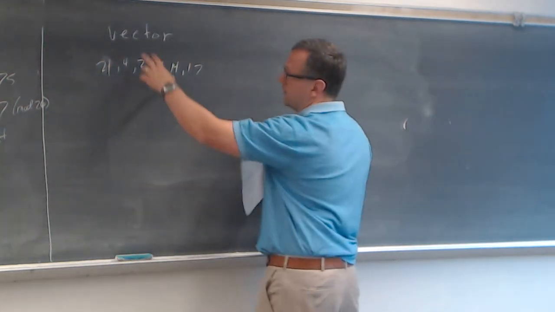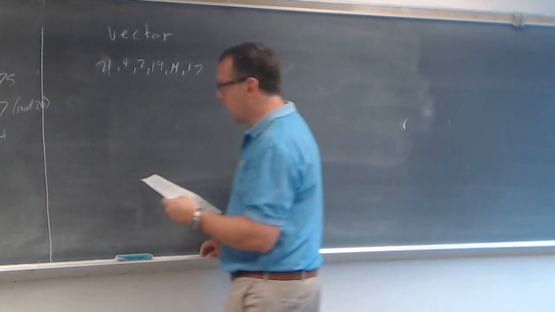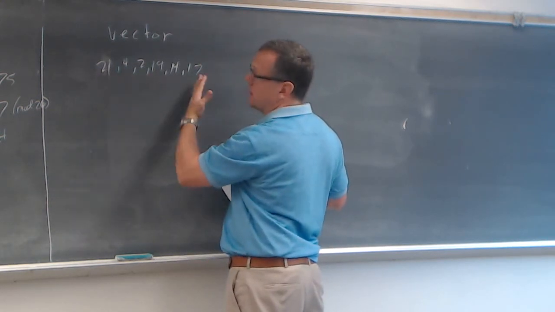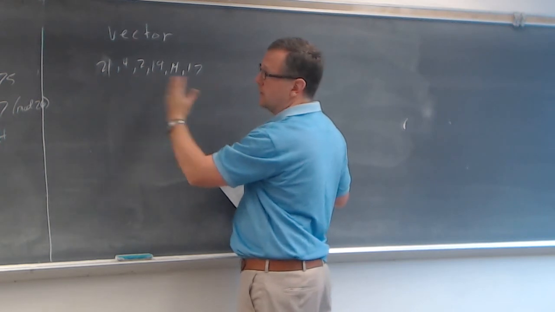So your vector is this, and this is really 6 different additive shifts, additive ciphers.